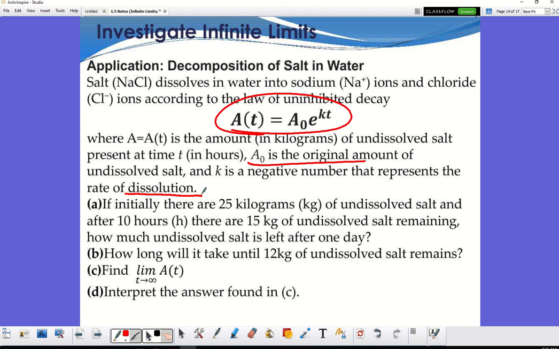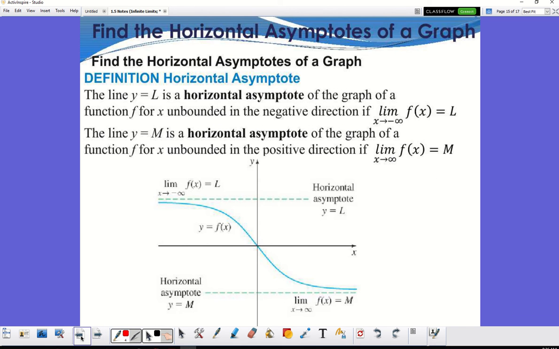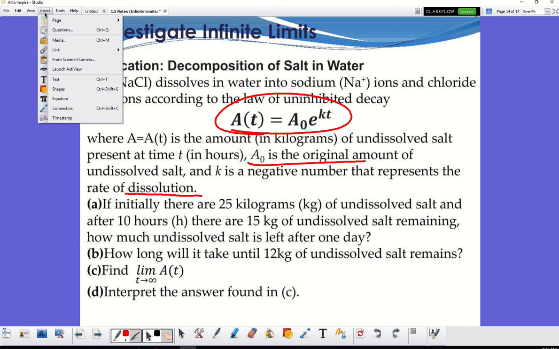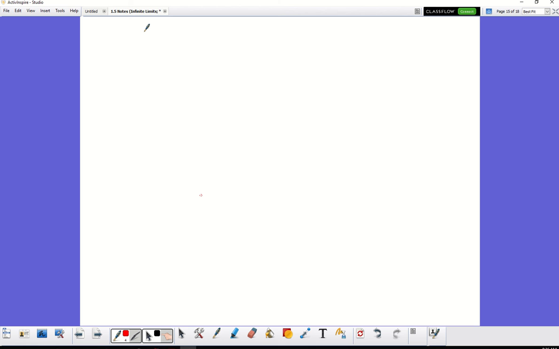So if initially there's 25 kilograms of undissolved salt, after 10 hours there is 15 kilograms undissolved salt. So information right here. Okay, so we have that A of 0 is 25.